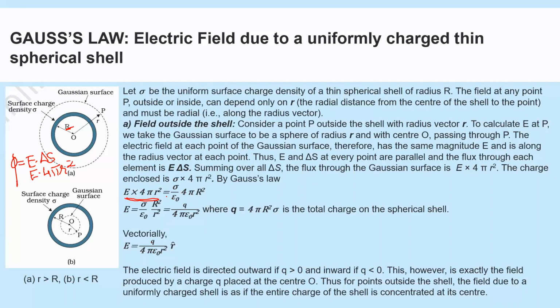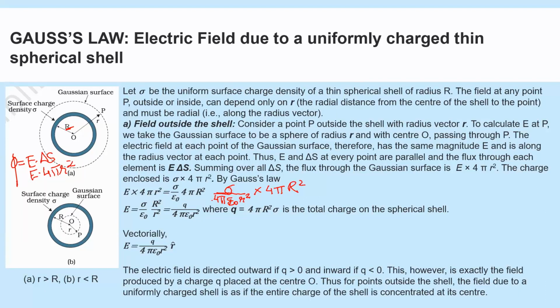Actually, there is a change in this equation. So this is going to be sigma by 4 pi epsilon 0 r square multiplied by 4 pi r square.